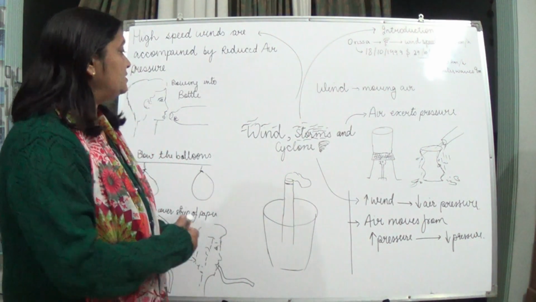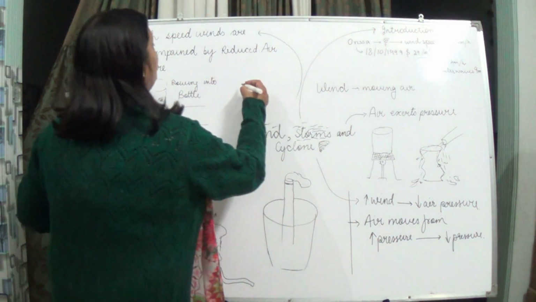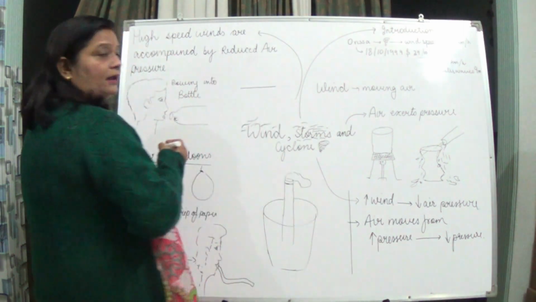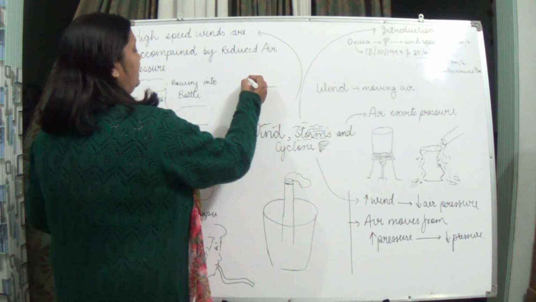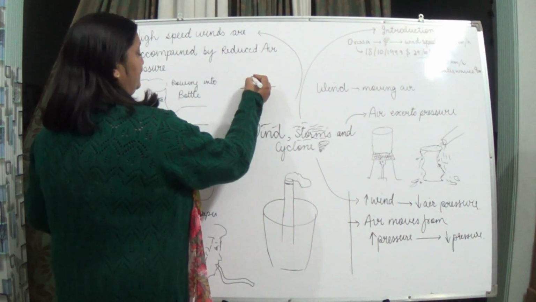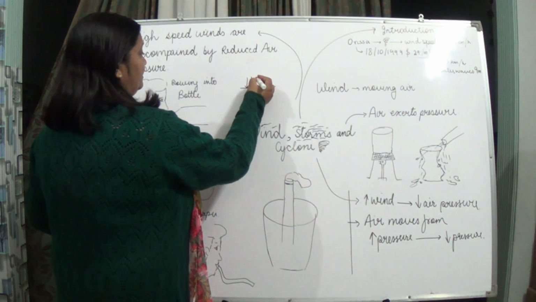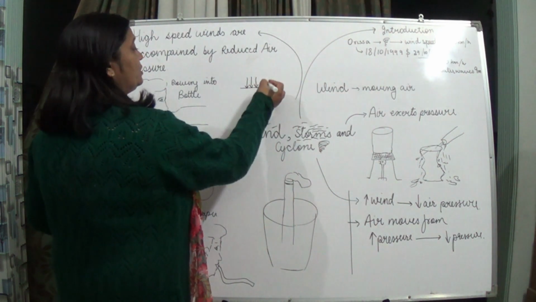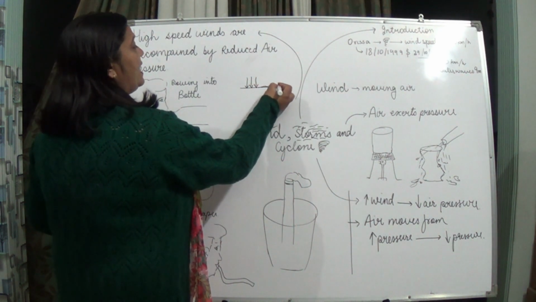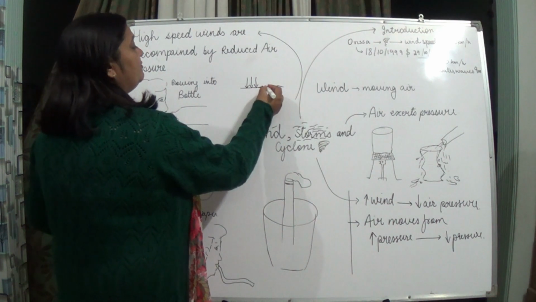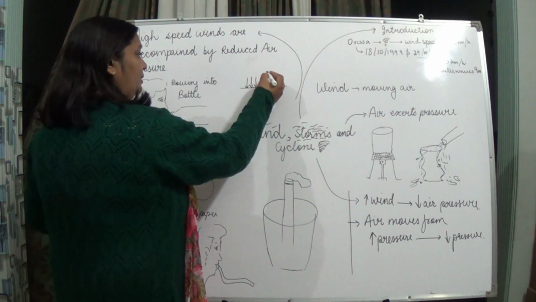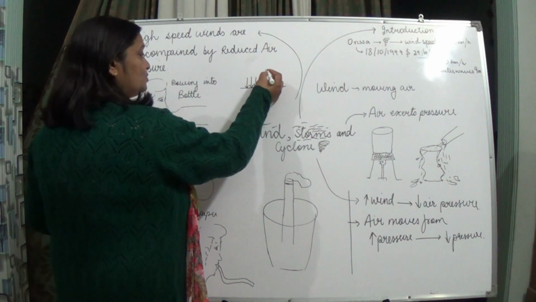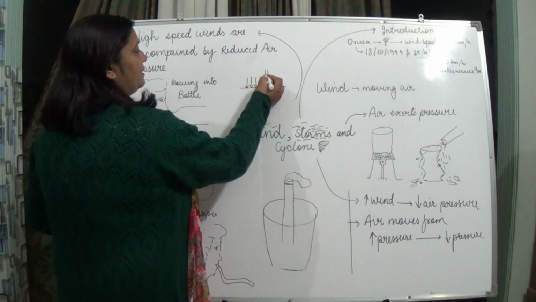Suppose this is the land, and the heating in this area is maximum. Heating is also in this area, but as the land surface is not even everywhere, maybe the heating is less. So what will happen?